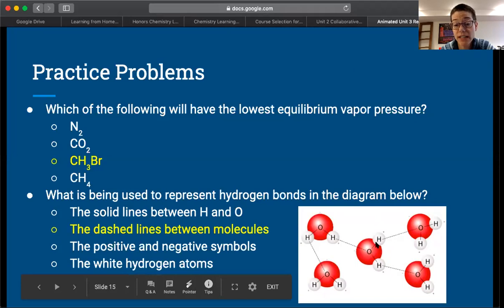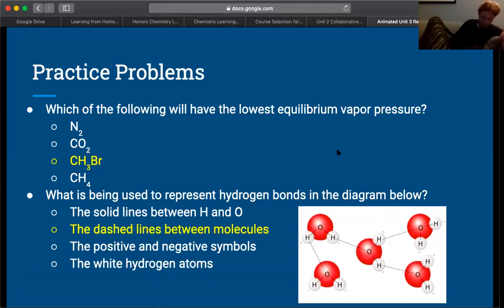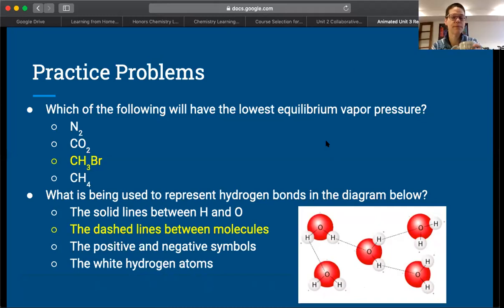So it's not the solid line, it's always a dashed line. It's never, ever going to be solid lines. We show bonds with solid lines, attractions with dots or dashes. So that's a consistent thing. That's one of those easy questions, like 3 points.